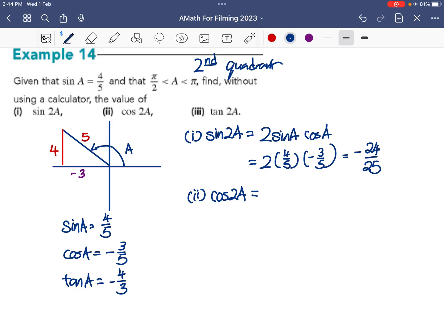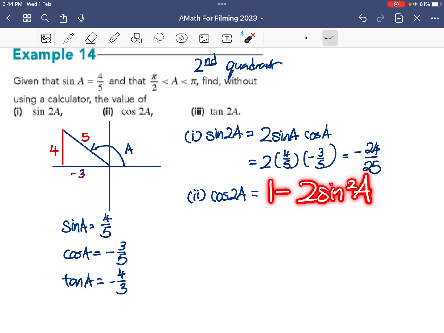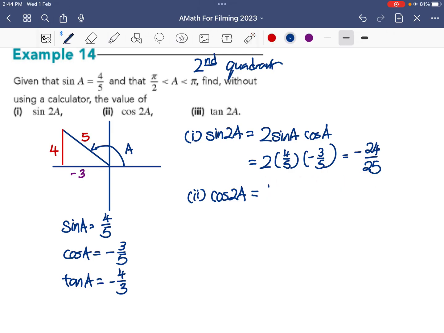Similarly, cosine of 2A. There are 3 ways that I can express cosine of 2A. If you notice inside your book, for the example, they use 1 minus 2 sine squared A. I have decided that I shall use another one, 2 cosine squared A minus 1, to show you that you will get the same answer.